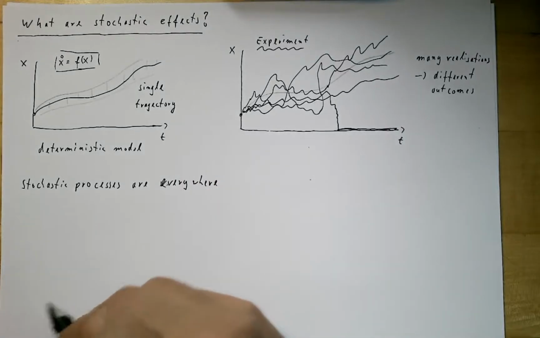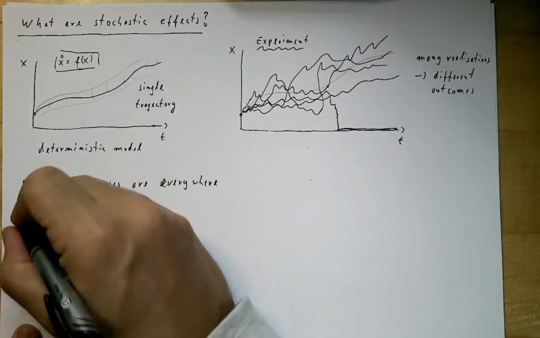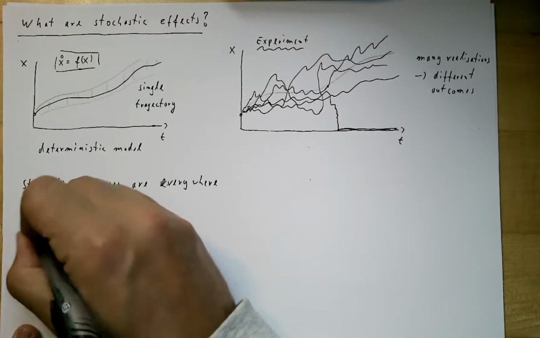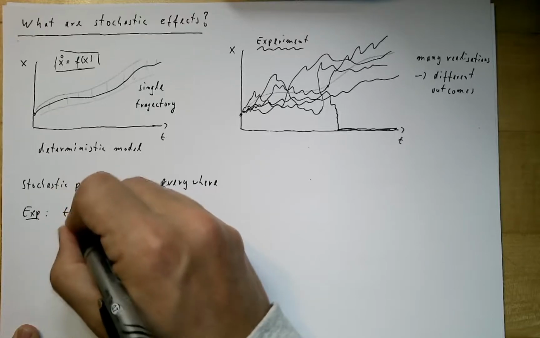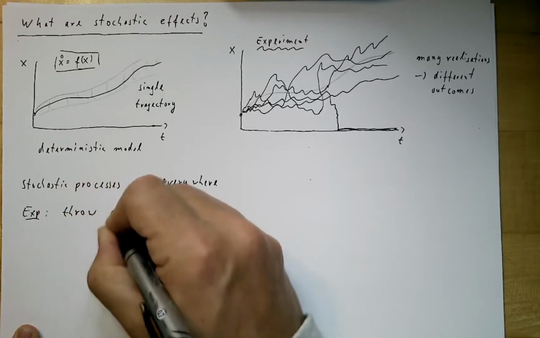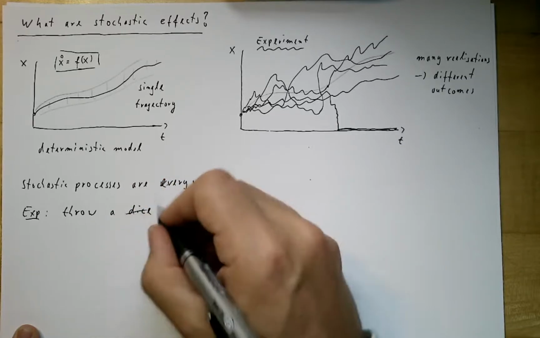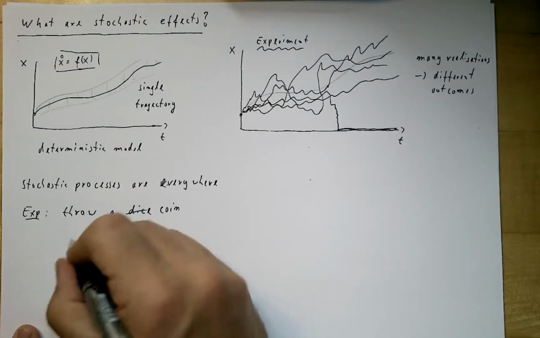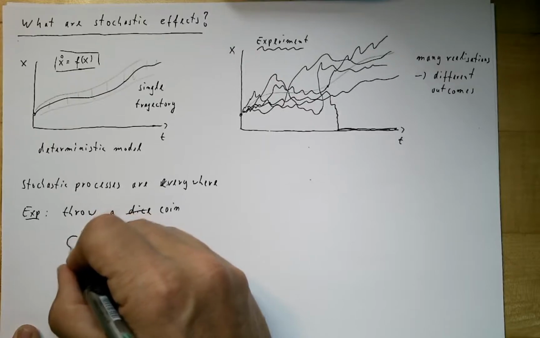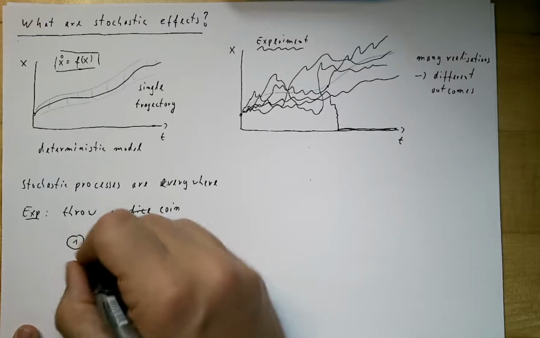And take an example. I mean, one of these paradigmatic examples that are always used is we throw a dice. So we take an example. We throw a dice. So we a coin. Sorry, we take a coin. Throw a coin. More simple. So we have here a coin, which can have head or tail, and then we throw this.